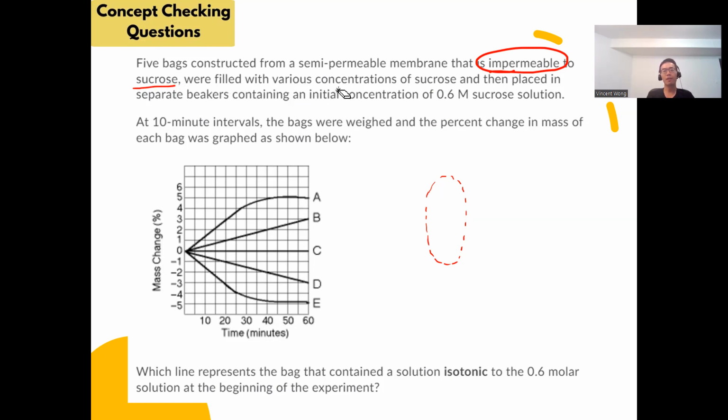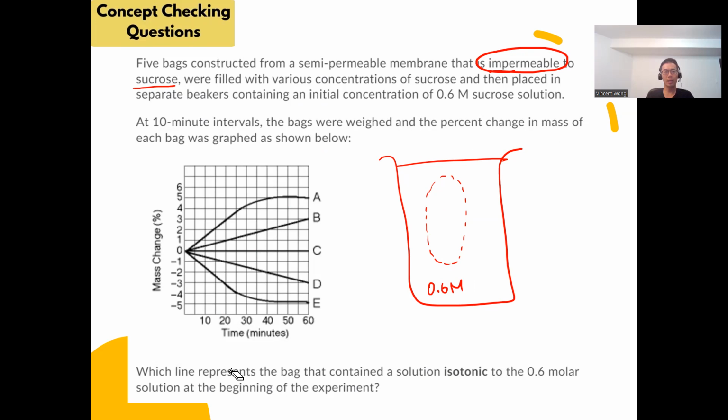Were filled with various concentrations of sucrose solution. So in the bags, we have different concentrations of sucrose, and then placed in separate beakers containing an initial concentration of 0.6 M. Okay, M is just the unit for measuring concentration. At 10-minute intervals, the bags were weighed and percent change in mass of each bag was graphed below.